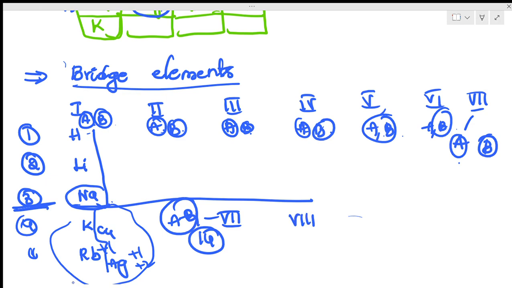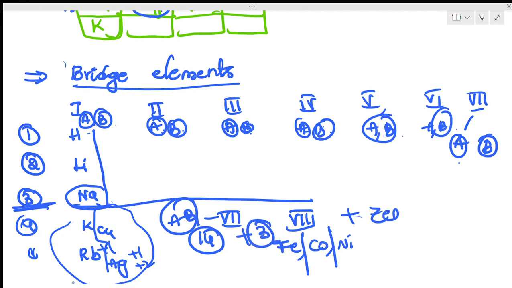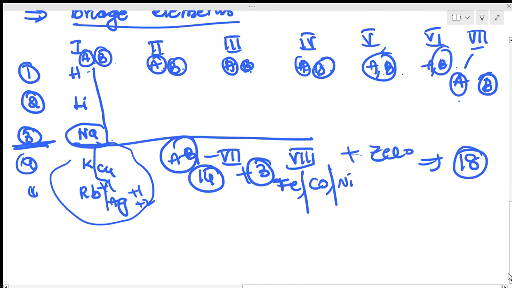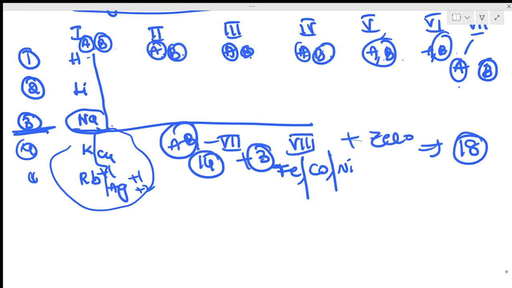And in the eighth group he kept three elements, iron, cobalt, nickel, as three subgroups. So 14 plus three subgroups plus zero group elements. Totally how many groups are there? 18 groups. So totally he made 18 groups in his periodic table.